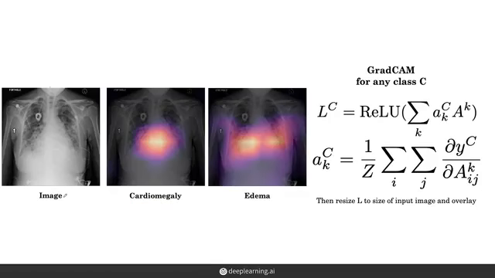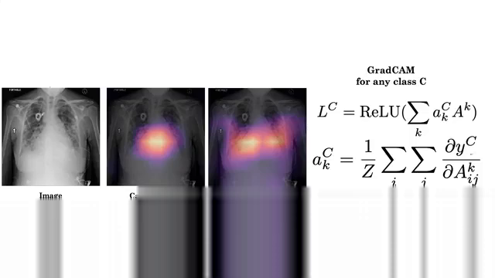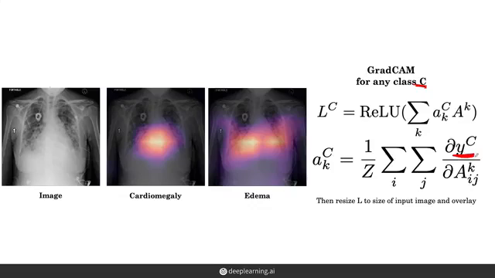As a final extension, if the model has multiple possible output classes, as your model for chest X-ray classification does, there is a different heat map you would want per disease. This is because different parts of the image are going to be indicative of different diseases. for that class, YC, to get weights for that particular class, small ac, which in turn produces class-specific heat maps.